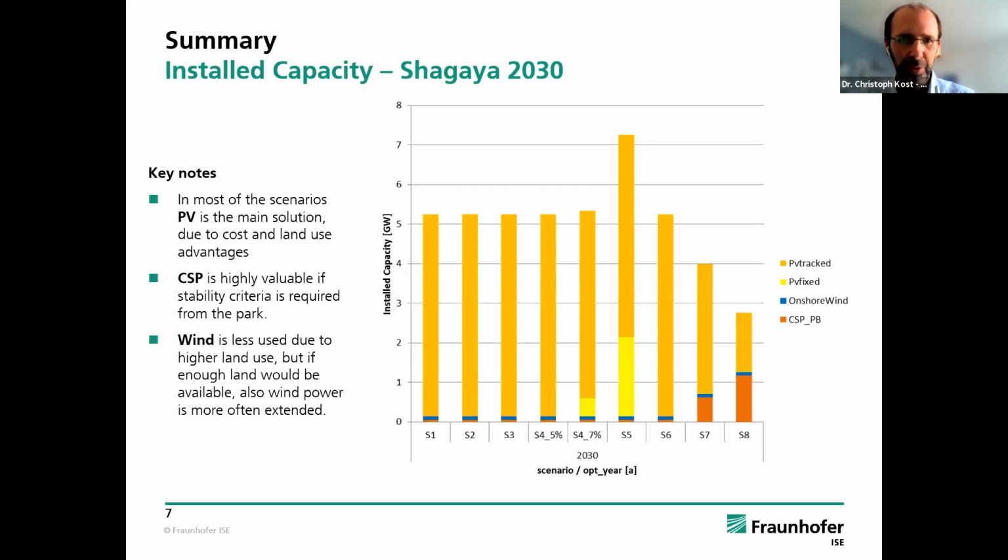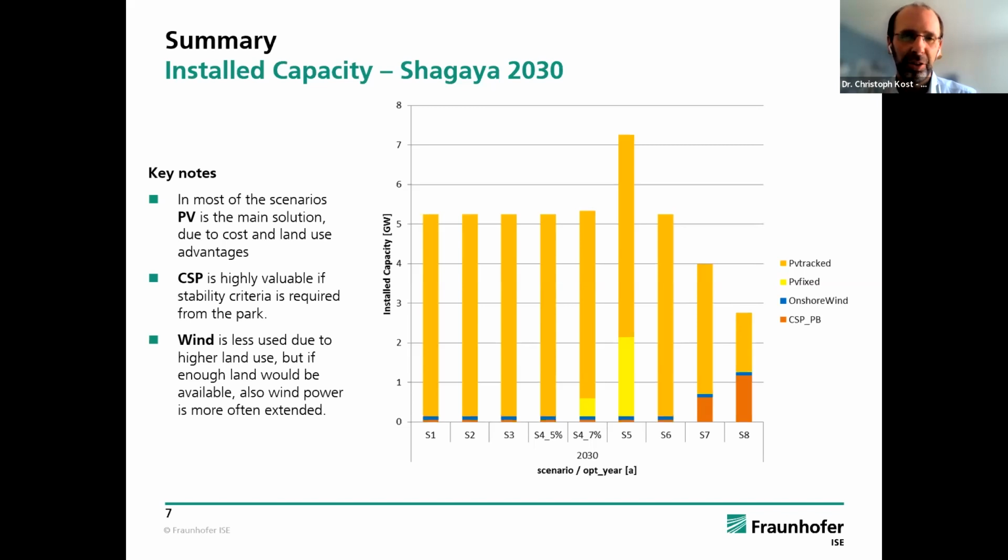Wind is less used in this analysis due to higher land use and less electricity provided per square meter covered by the technology. But if enough land were available, wind power would also be extended. Also, if we look at other countries, once we reach a certain amount of PV, wind power also comes in.